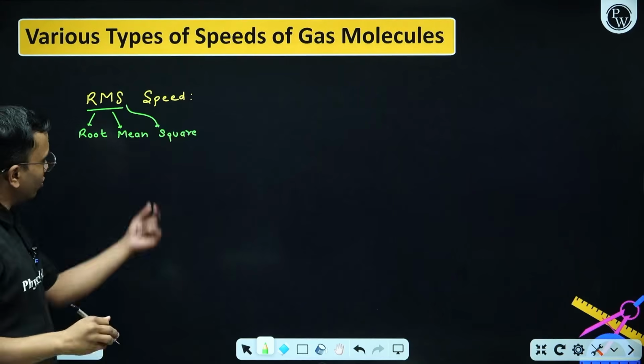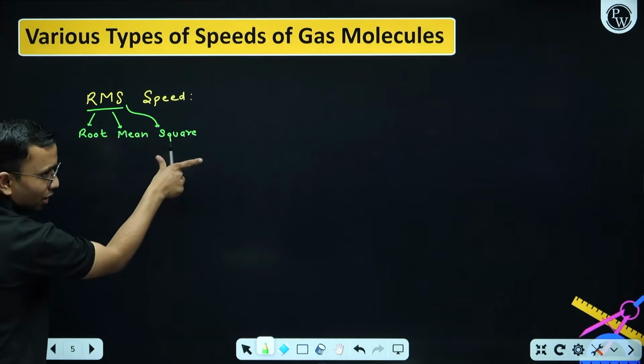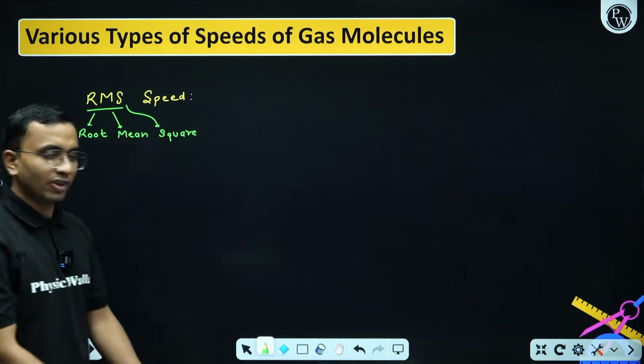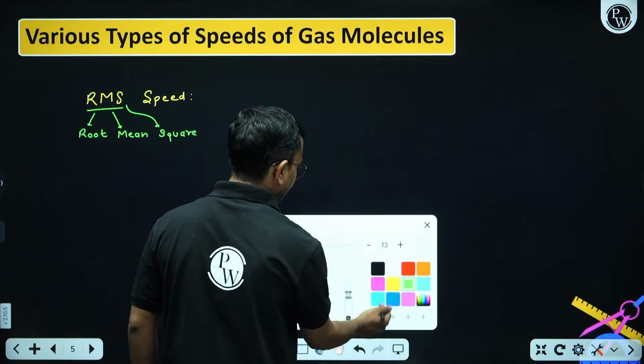So root, mean, square. First square all the velocities, then take the mean, then take the root of that. That will become root mean square, as I mentioned.